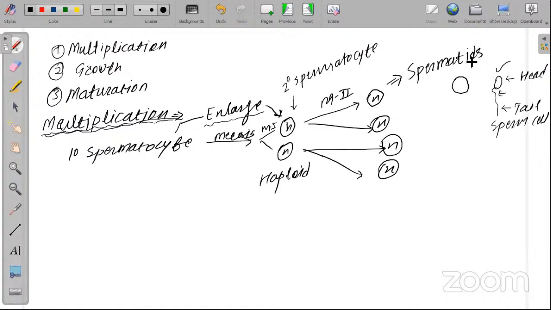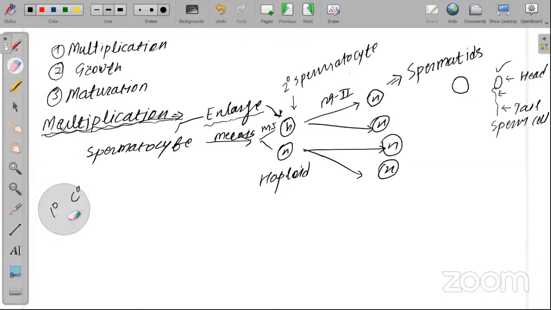ठीक है, मतलब यहाँ पर हमने spermatid को फॉर्म किया. What is this 10 spermatocyte? This is not a 10 spermatocyte. Actually, this sign is 1 and a degree sign, like a Celsius sign.